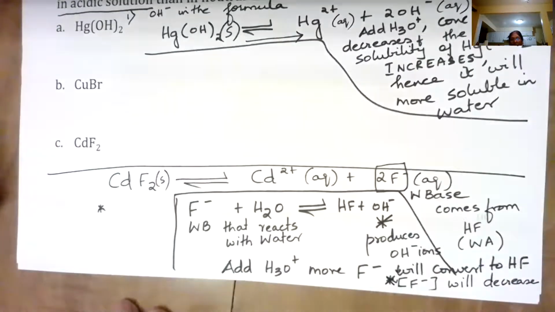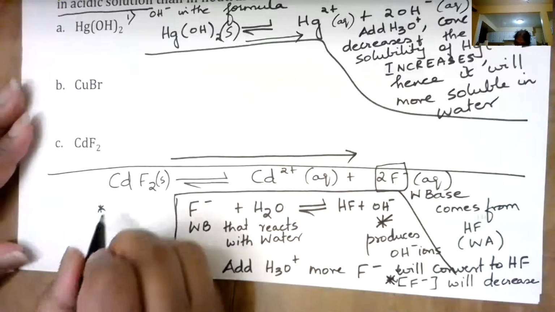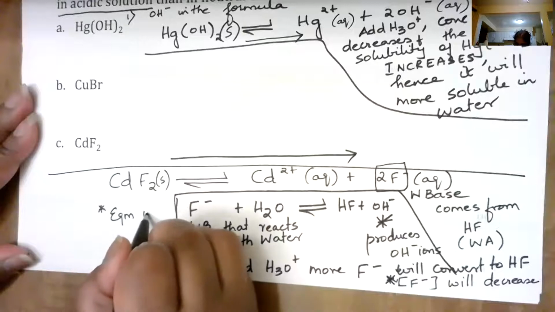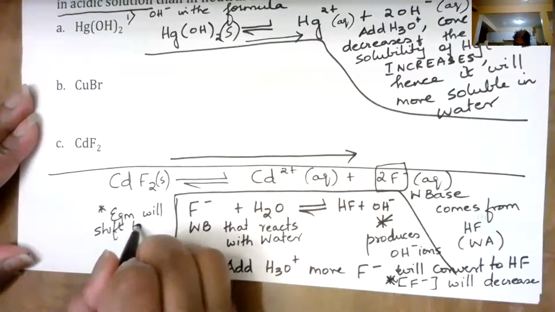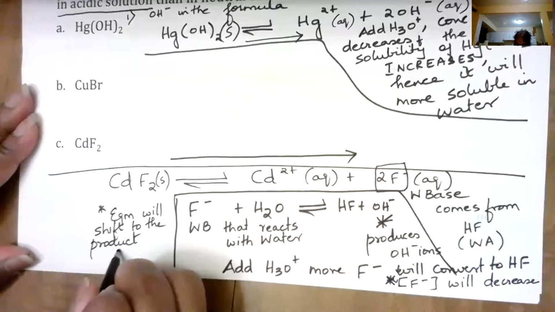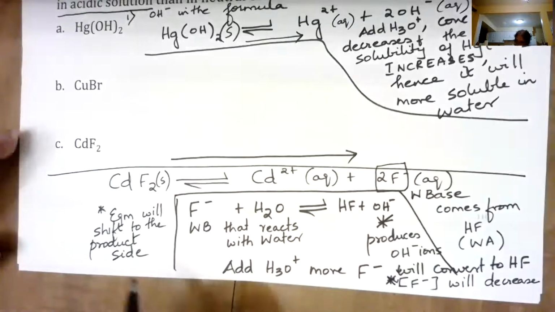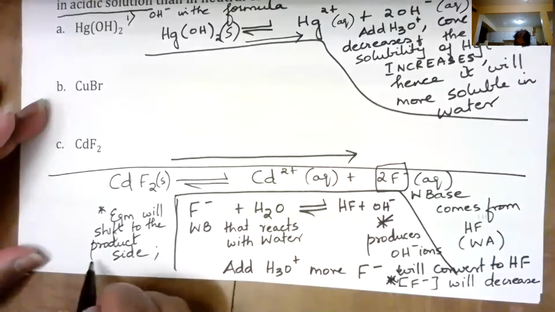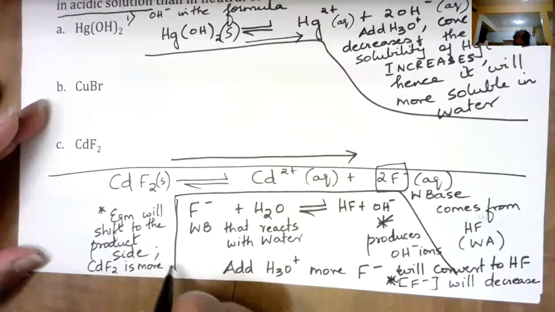And if the concentration of F minus decreases, which way will the equilibrium shift? Equilibrium will shift to the product side. And then what happens? CdF2 is more soluble in water.